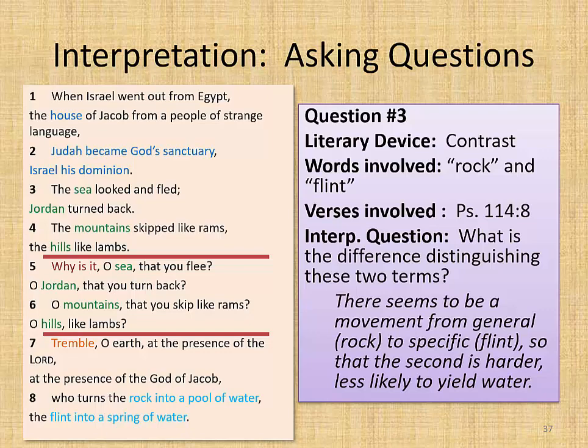And frankly, notice that there's water in the environment of verse 8. If you're going to get water from any kind of surface, or a rock, it would be more likely you'd get it from a porous rock. But getting water from flint, that sounds really, really unlikely. So, a reduction of likelihood to find water emerging from the later of the two hard objects. That seems to be the difference that they're making.